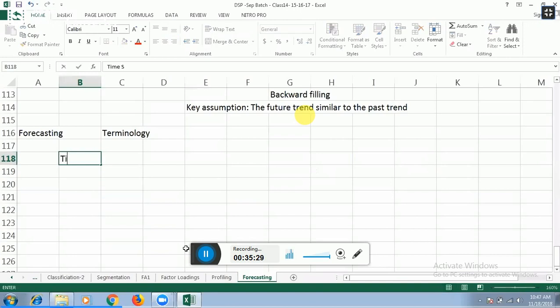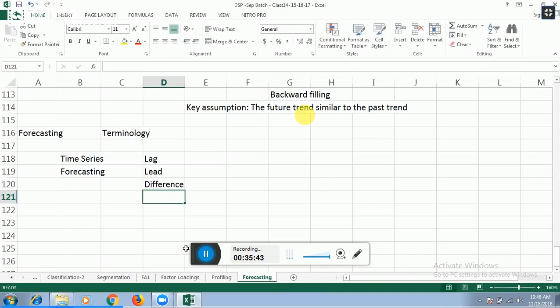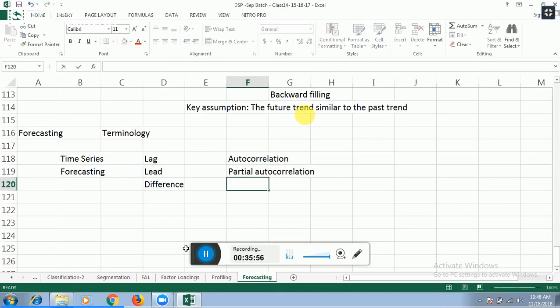Of course we discussed time series and forecasting already, and there are a couple of things like lag, lead, difference, autocorrelation, partial autocorrelation, autocorrelation function, partial autocorrelation function, and autoregression.